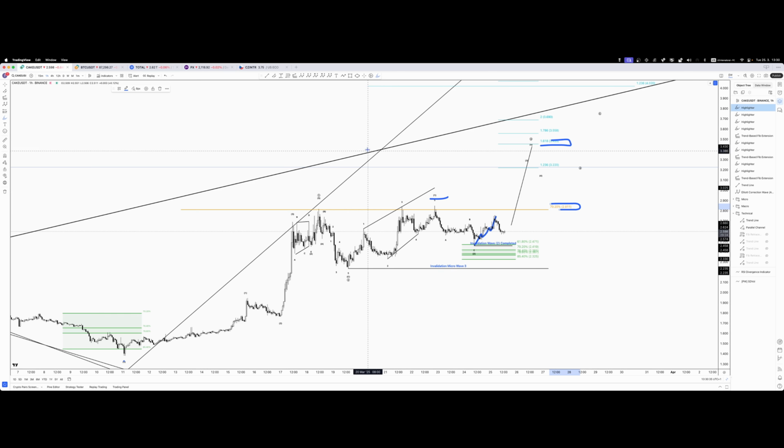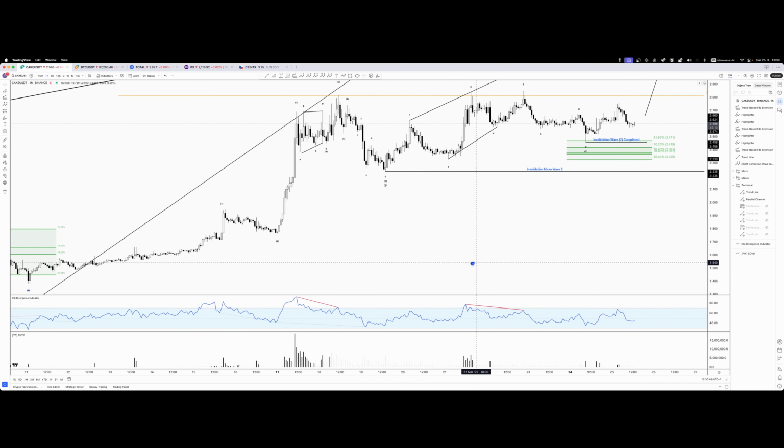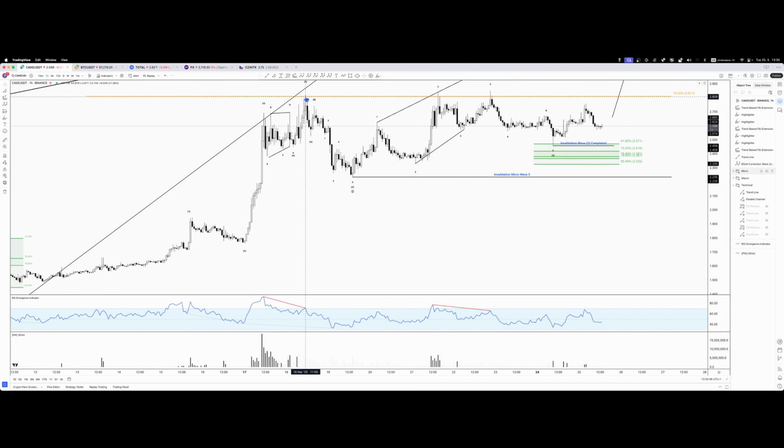One observation related to this level, I'm going to remove the squiggles, is the volume. Look at the volume reaction when price pierced the level here. It's a very significant level, otherwise price would not be stuck underneath. Yeah, so 281. Price breaks to 81.